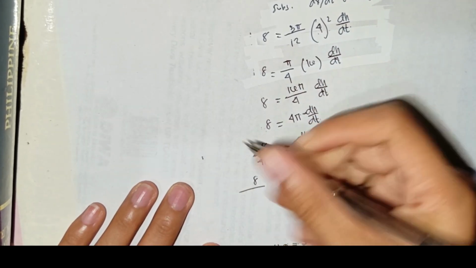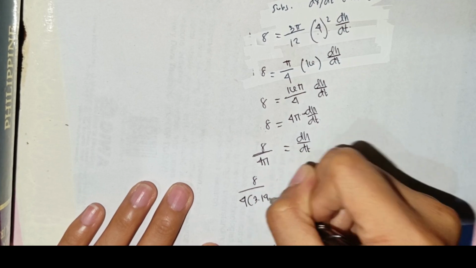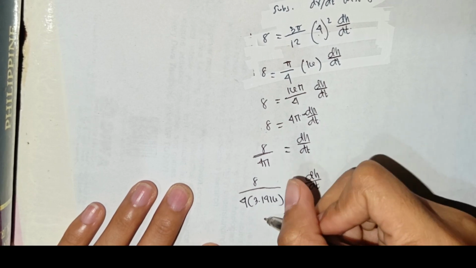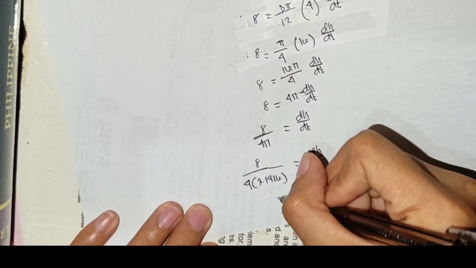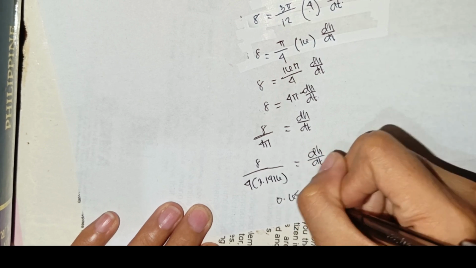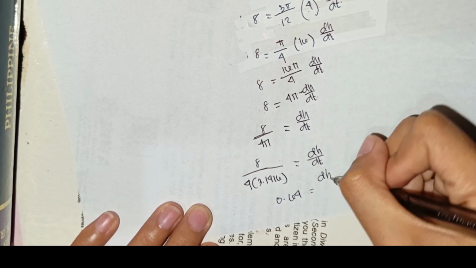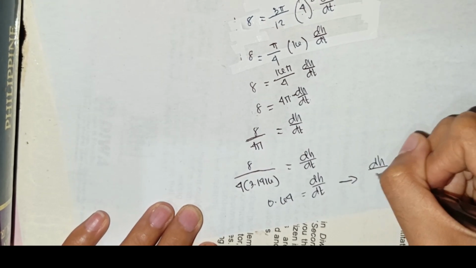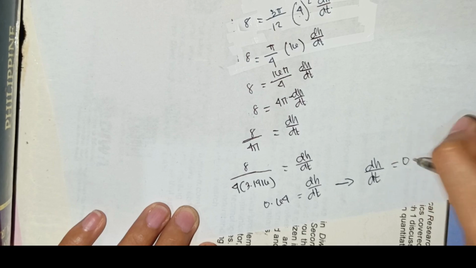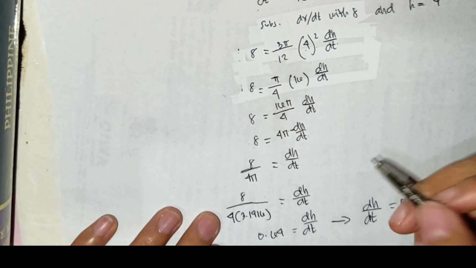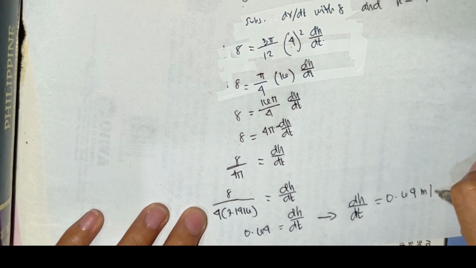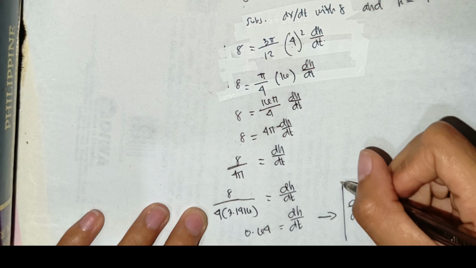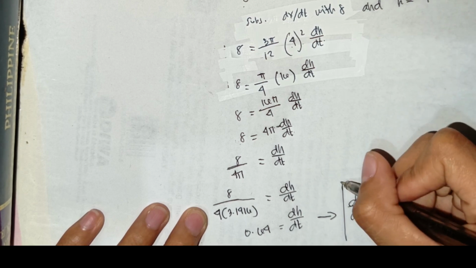So, 8 is equal to 4 times 3.1416 dh/dt, which is equal to 0.64 dh/dt. So, let's arrange it so it is less complicated: 0.64 meters per minute. This is the speed, or how fast the water level is rising.